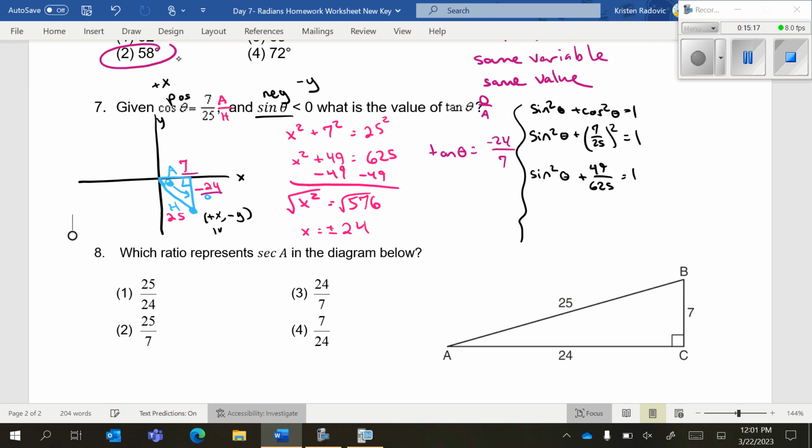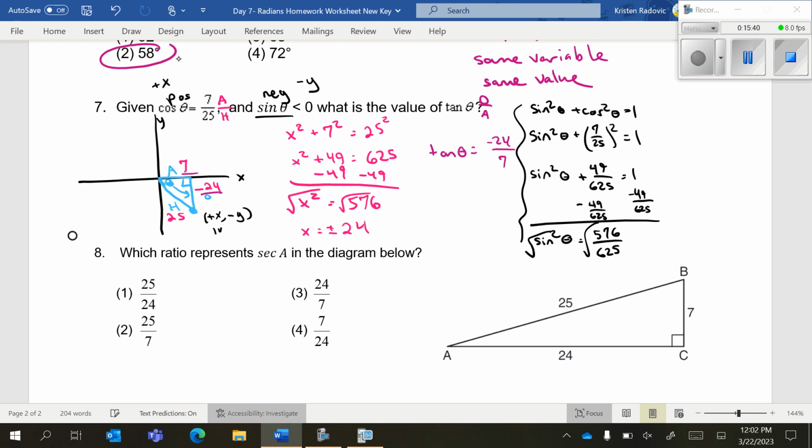When you subtract 49 over 625 from both sides, I would use your calculator to figure out what you get. And your calculator is going to tell you that you get 576 over 625.